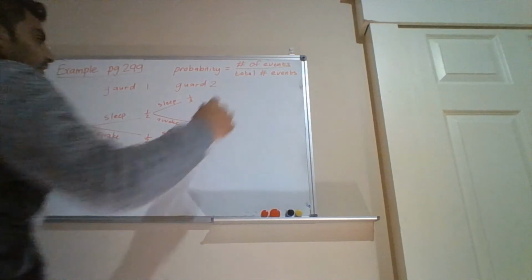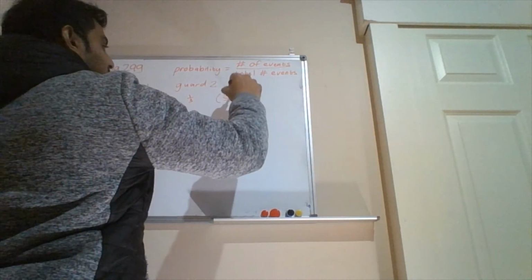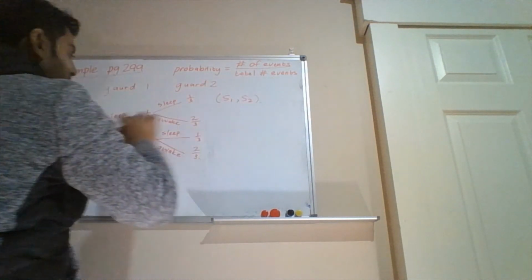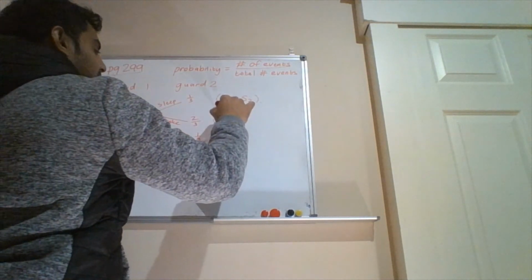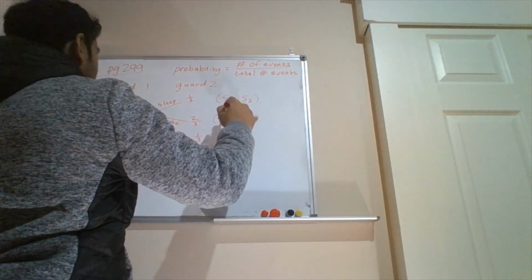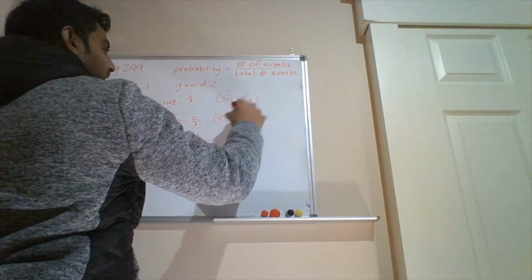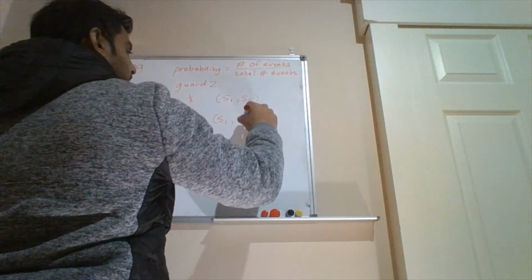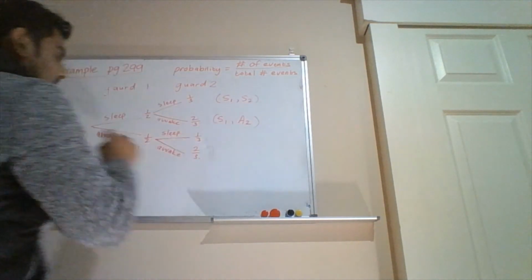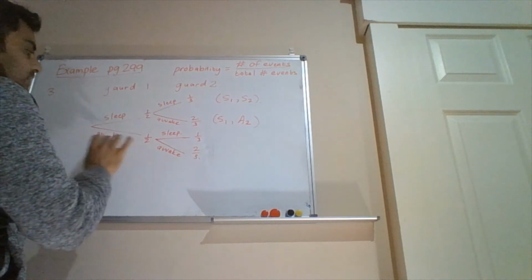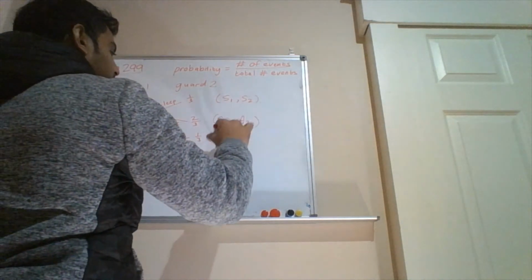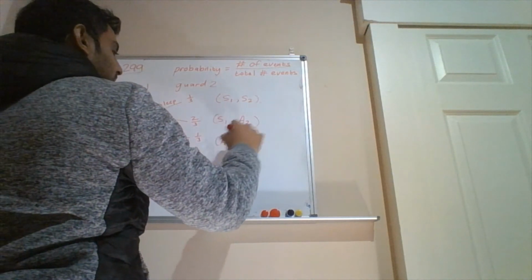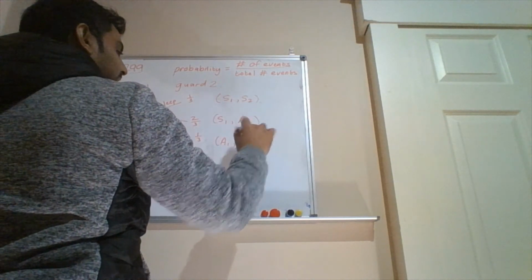So we have the outcomes that the first guard is asleep and the second guard is asleep. Then the first guard is asleep and the second guard is awake. Then we move on to the lower branch where the first guard is awake and the second guard is asleep.